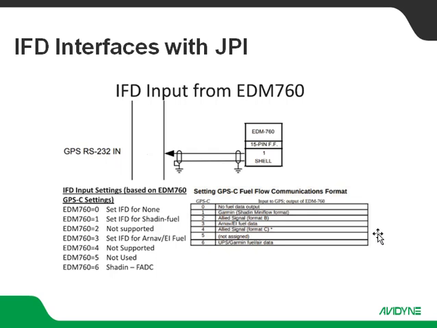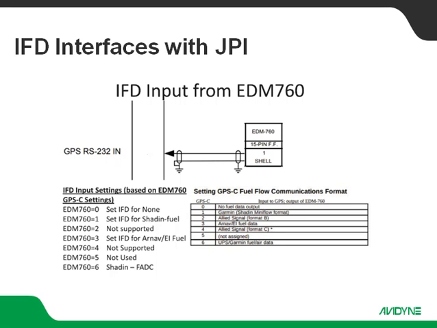Option number 5 is not assigned to anything on the EDM760, at least as of the recording of this video. GPS-C setting of 6 is the UPS Garmin Fuel Air Data format. If you're using a GPS-C setting of 6 on the JPI, set up the IFD input for Shadin FADC.